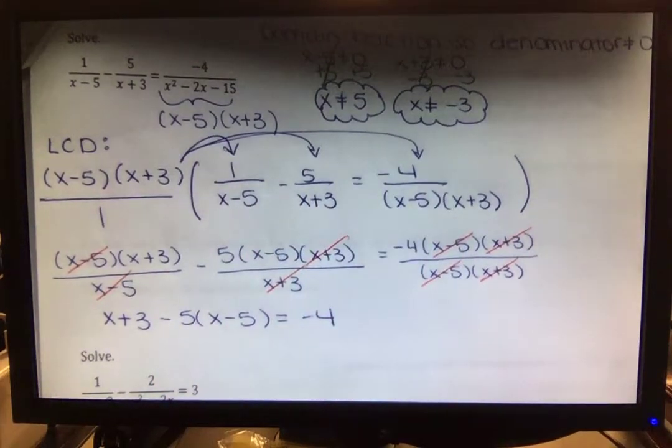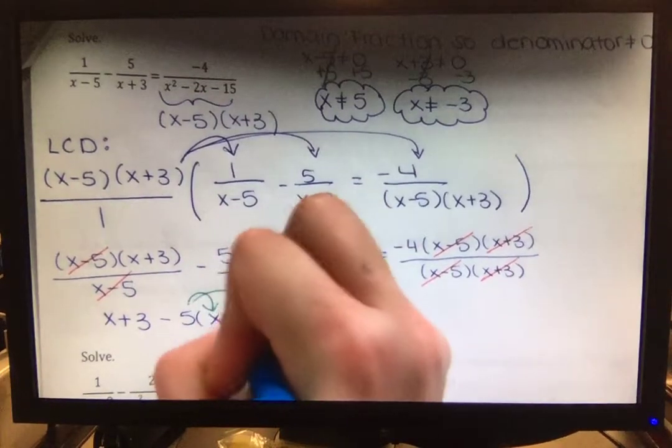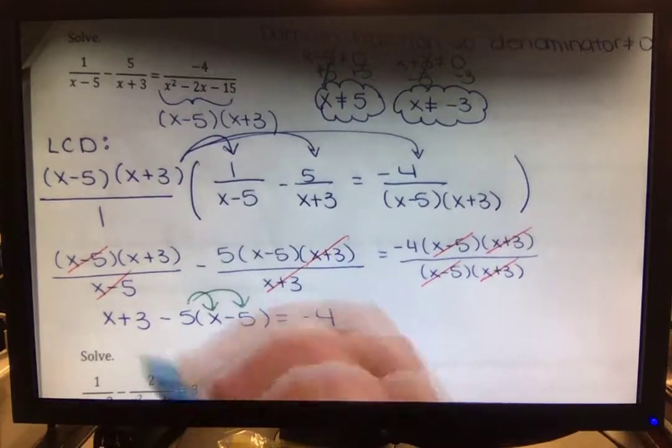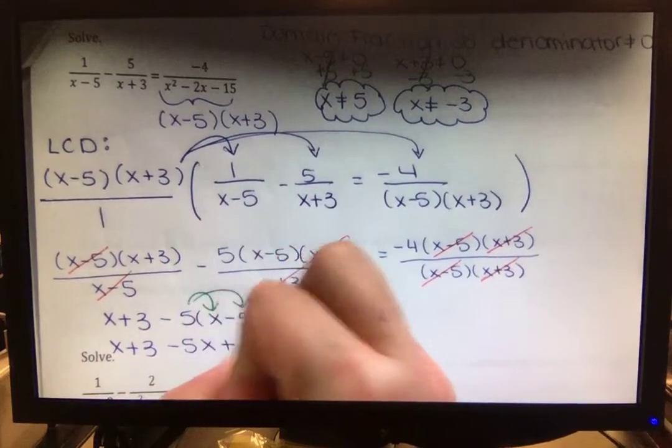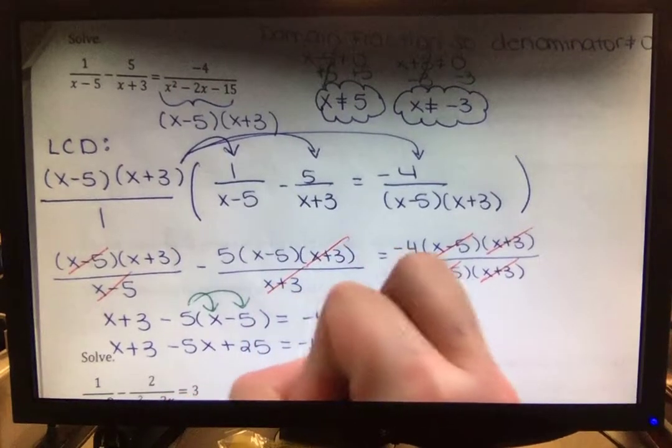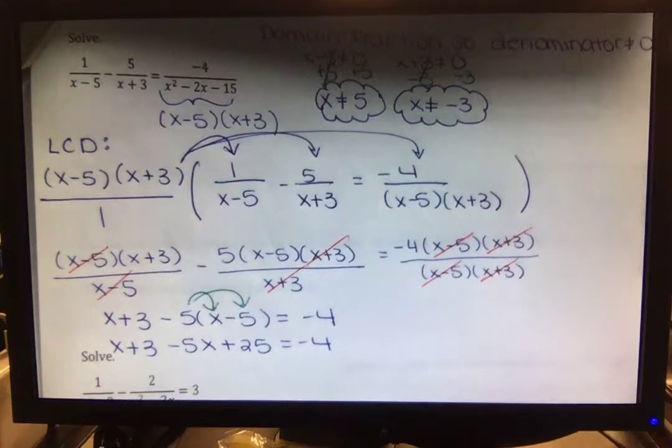So we got rid of the fractions, so that's what we wanted. Now we can solve like usual. What should I do first? Distribute. So we're going to distribute this negative 5. We're left with x plus 3 minus 5x plus 25 equals negative 4.